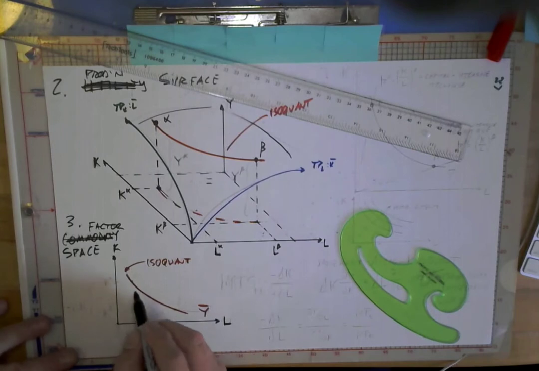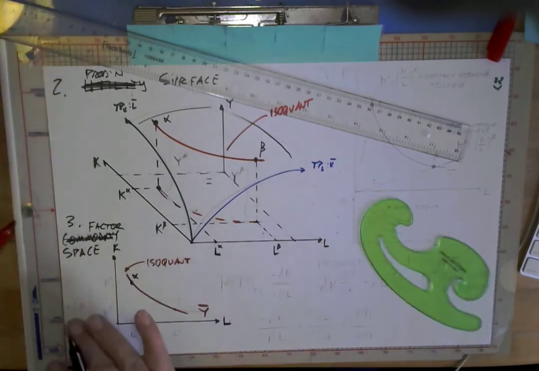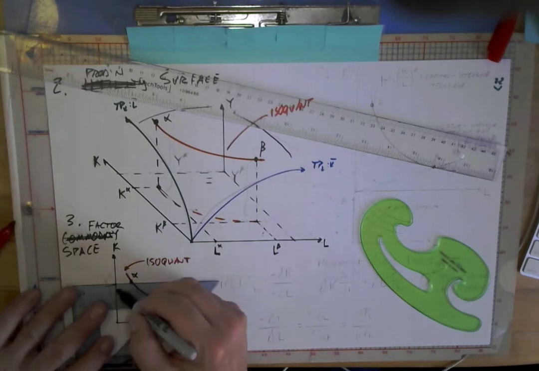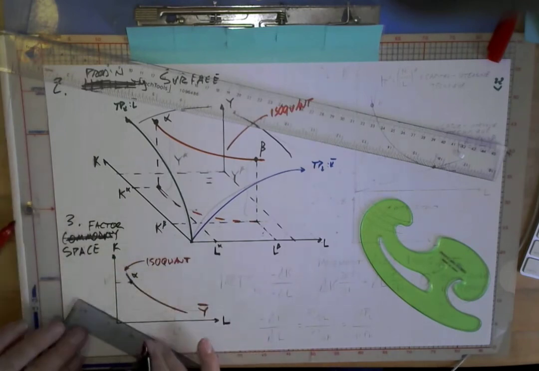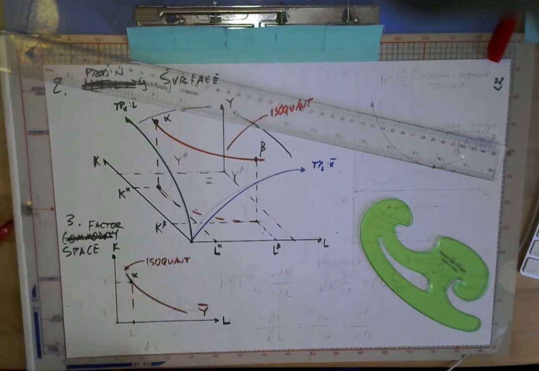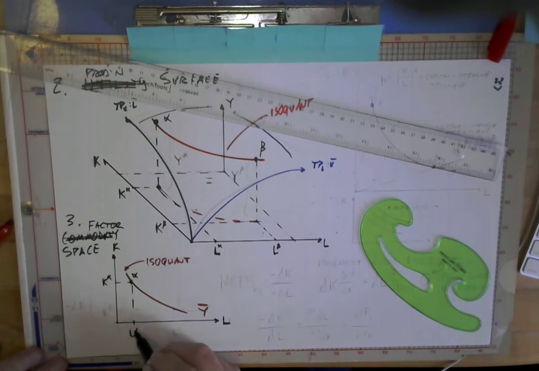Okay, this is going to be the alpha technique. Okay, in the alpha technique, you have relatively more capital and relatively less labor. All right, so it's going to be the capital intensive technique. This is going to be capital alpha. This is going to be labor alpha.